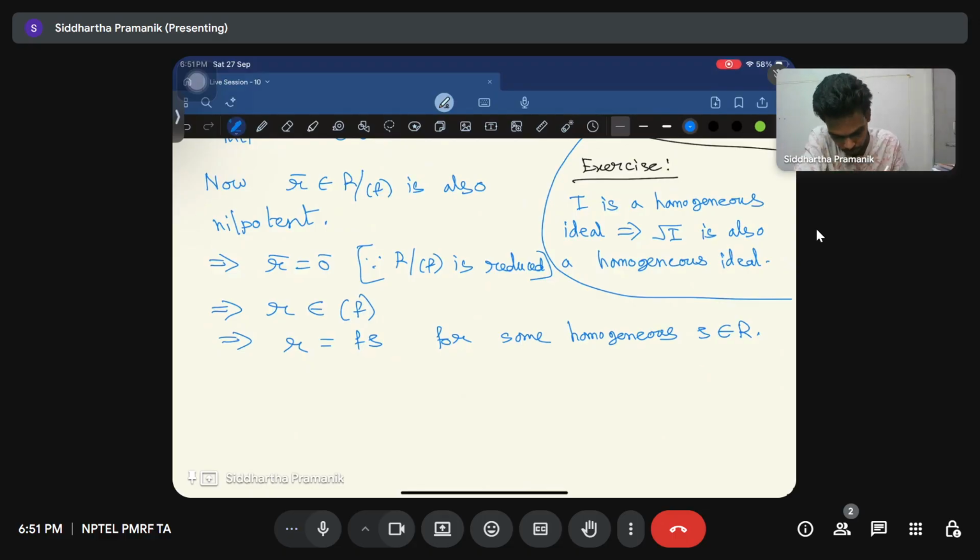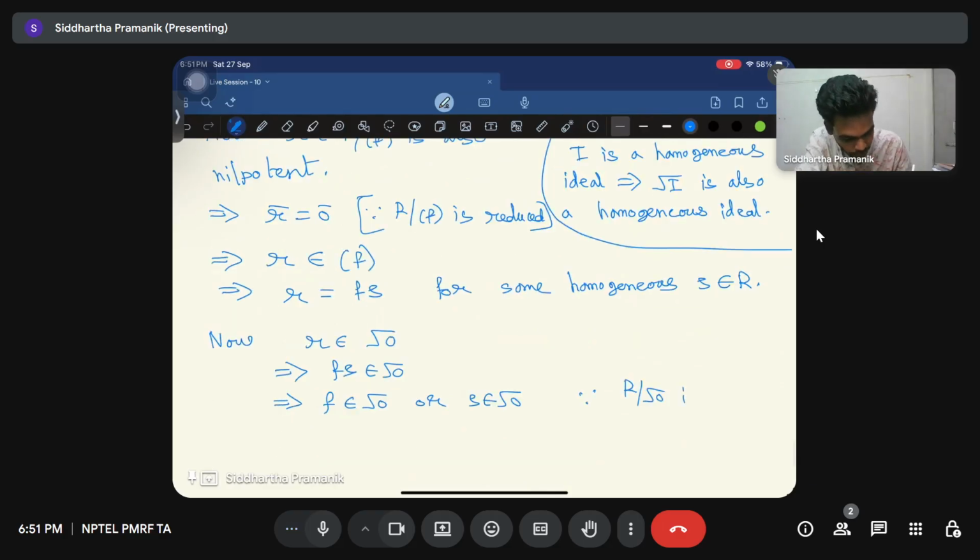Now r belongs to the radical of 0. So this will imply F times s belongs to the radical of 0. This will imply F belongs to the radical of 0 or s belongs to the radical of 0. Why? Because R mod the radical of 0 is a domain, that is given, and that will imply the radical of 0 is a prime ideal.